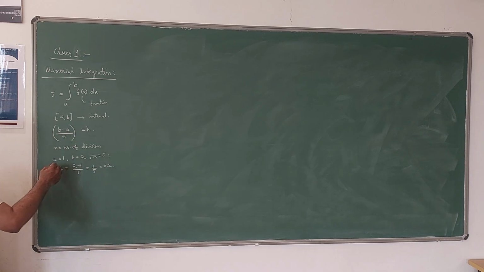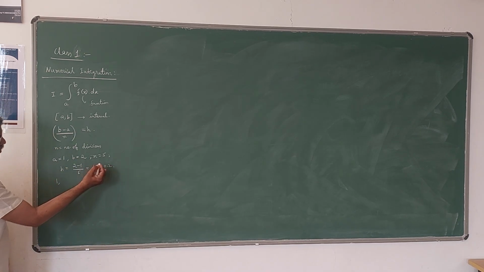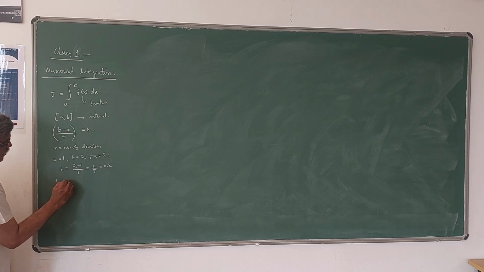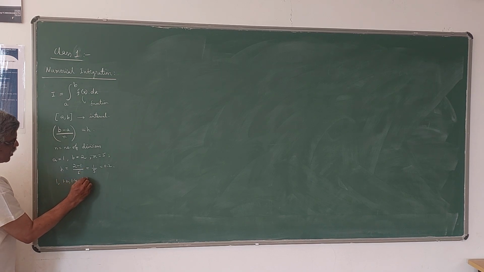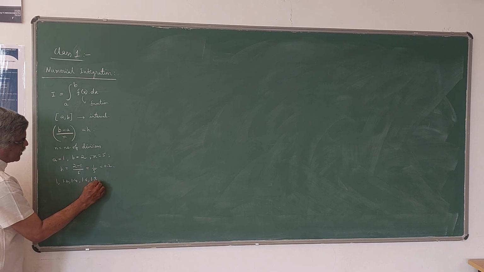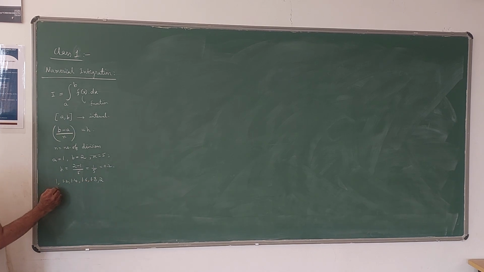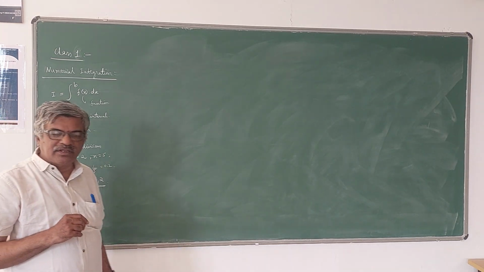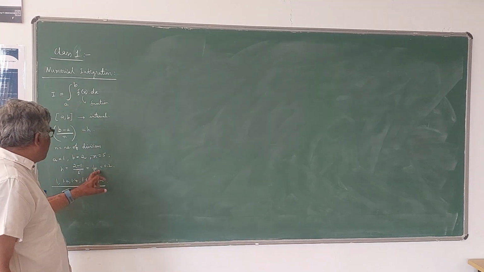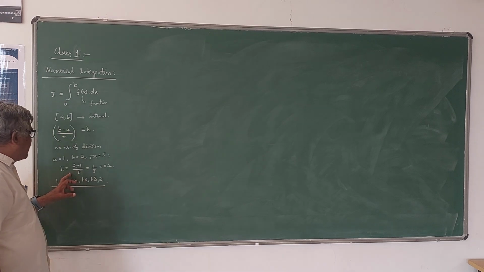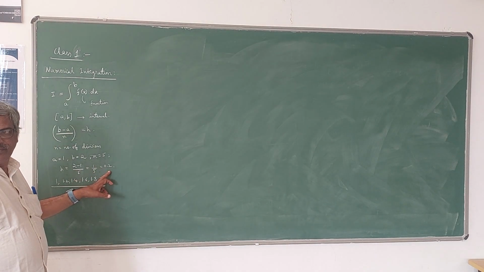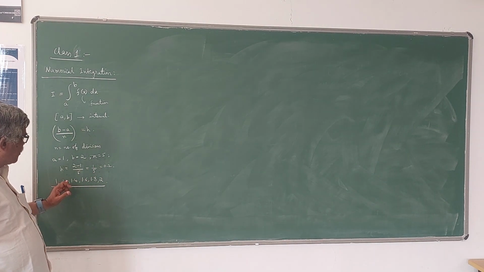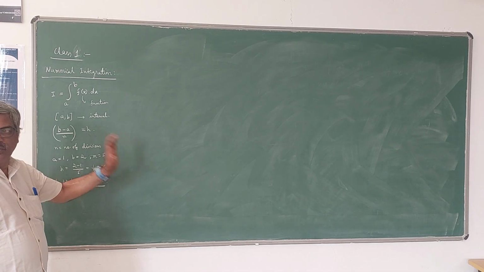That means the intervals are 1, 1.2, 1.4, 1.6, 1.8. So the h value is 0.2 here. Suppose you take n is equal to 10, then the h value will be 0.1. So the intervals will be 1, 1.1, 1.2, 1.3 up to 2, like that.